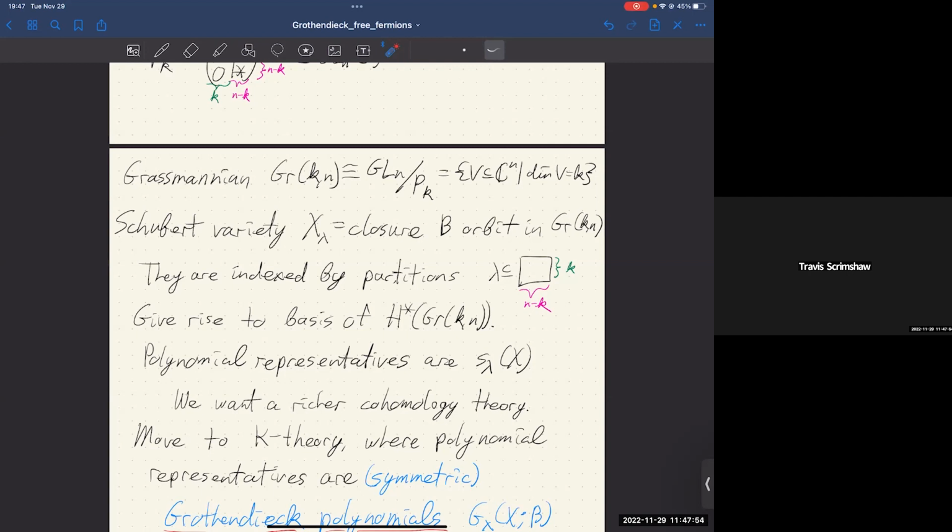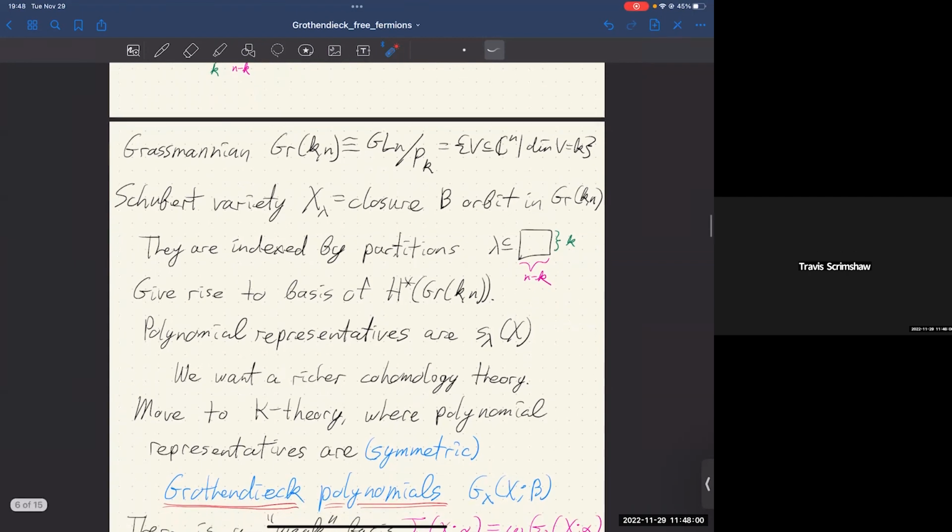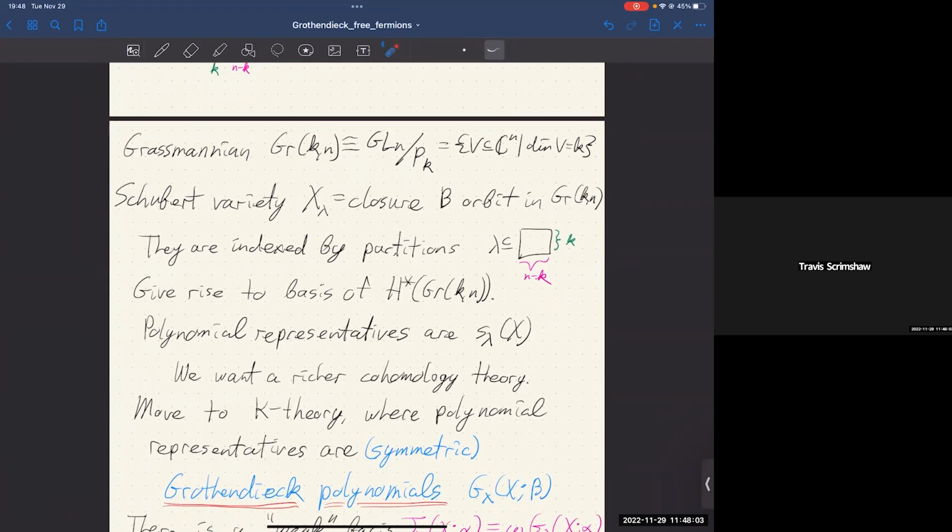So these are reasonably nice algebraic varieties in general, and in particular, they basically give a CW decomposition because the B orbits look like affine space, and the closures just add smaller little boundary parts. And there's a nice characterization of containment by containment of partitions, because each of these B orbits are indexed by partitions that fit inside of a k by n minus k rectangle.